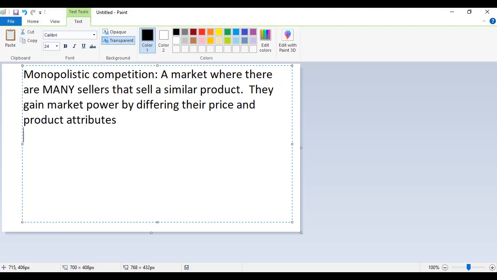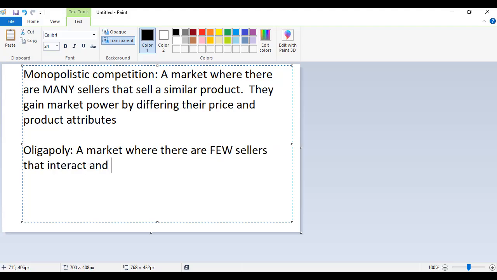And an oligopoly, I'll write this definition down as well. Oligopoly is a market where there are few sellers that interact and base their actions off of one another. There's a couple of oligopolies I can think of. One would be the cell phone industry. You can think of Apple, Samsung, Android, and those are basically the major players.